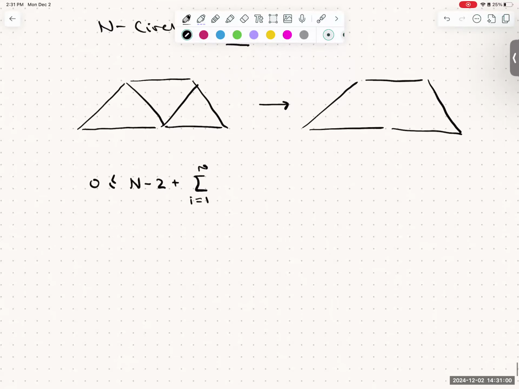So say in this example, we had tau 1, tau 2, tau 3, tau 4, tau 5 in this case.